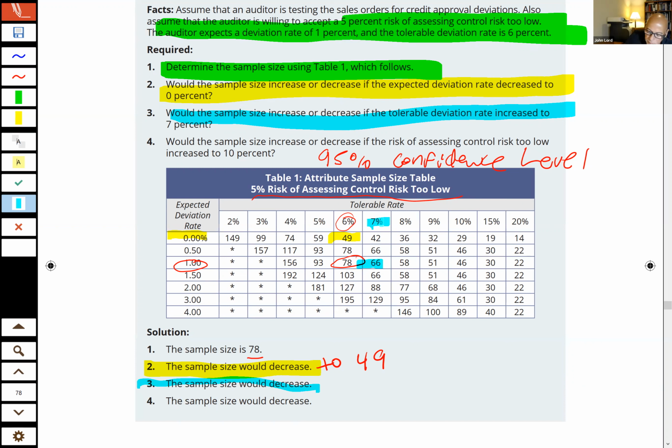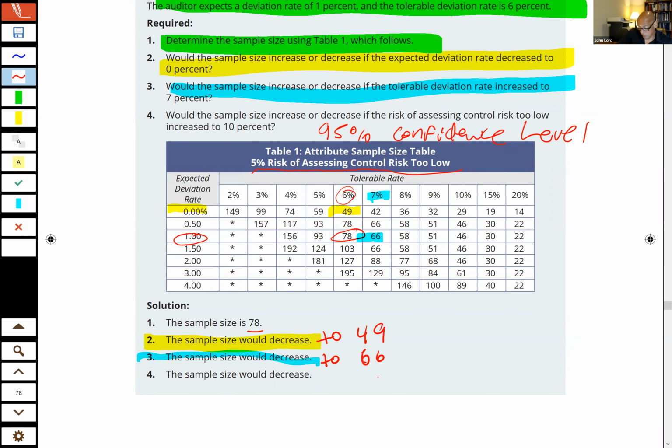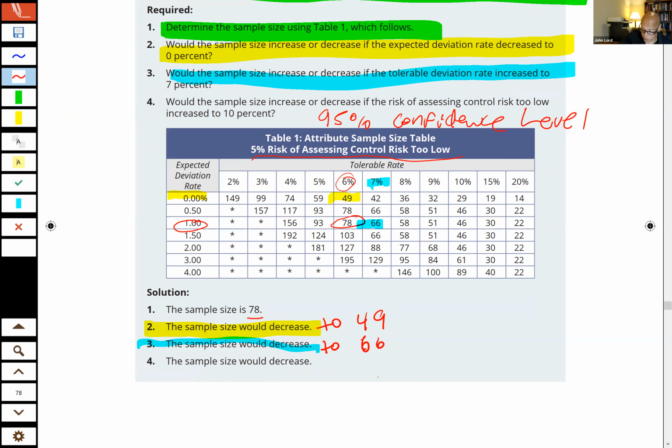Yep, sure enough, it decreased, to 66, because we don't need as big a sample if we're willing to tolerate non-compliance with this control technique. And if we really don't care about this control, we won't test the control at all.